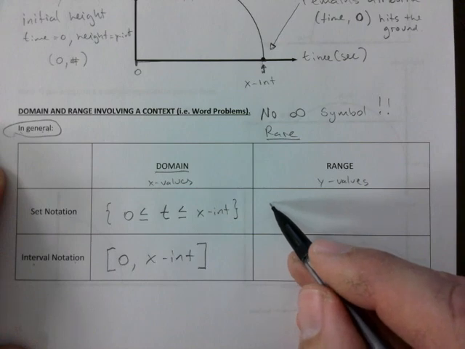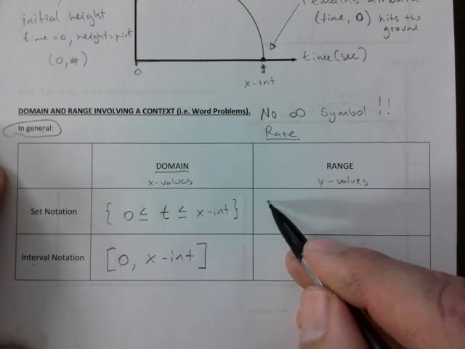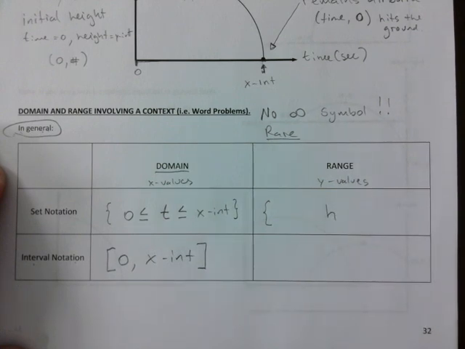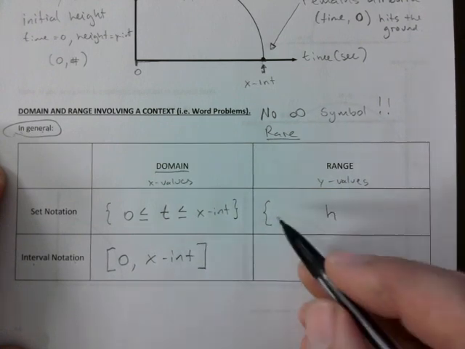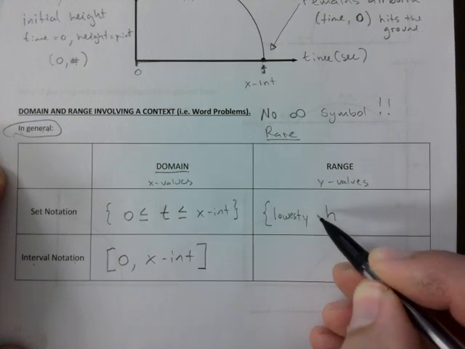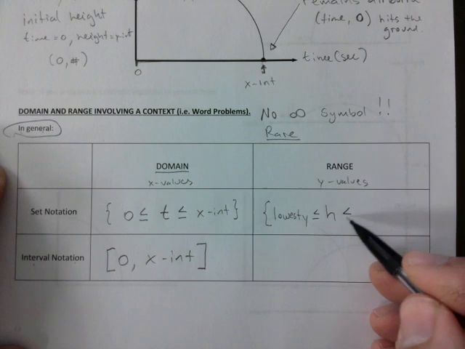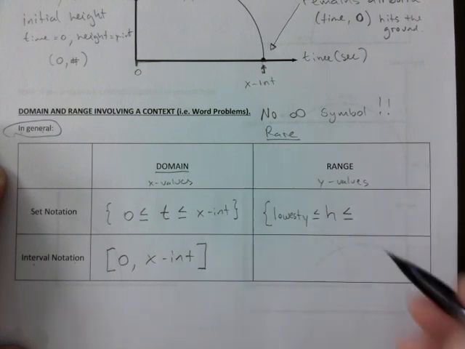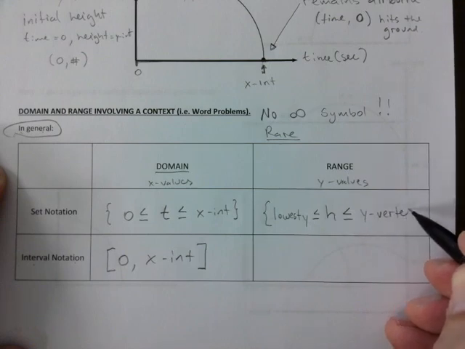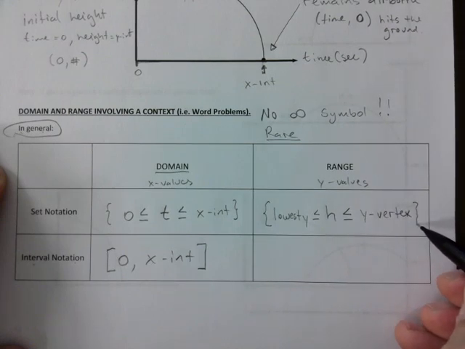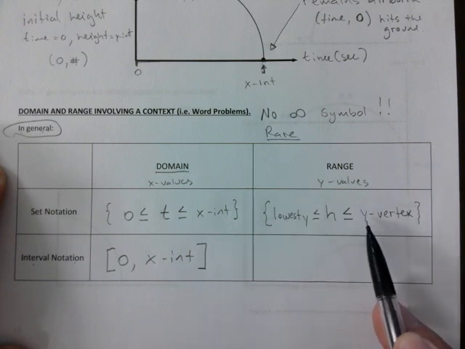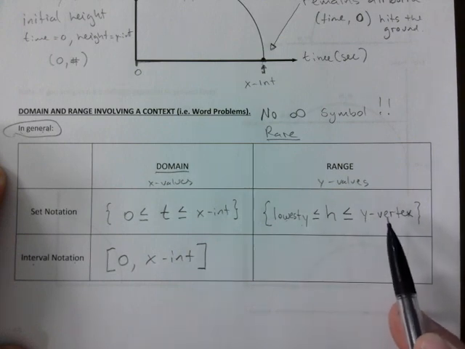So here it's a little trickier. In this case, we have h as our y variable. And so you will go between the lowest y and the y of the vertex: lowest y, all the way up until the y of the vertex.